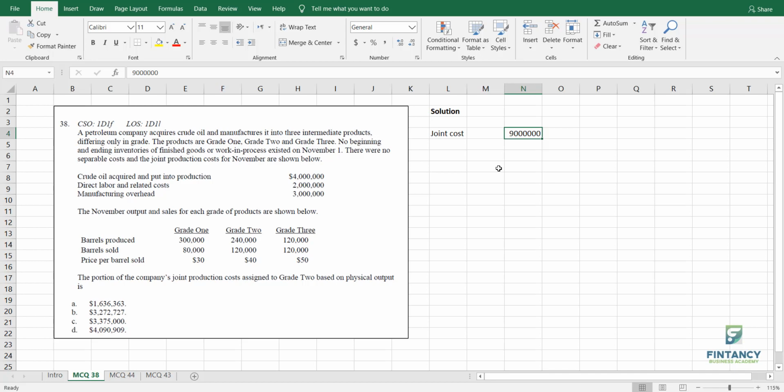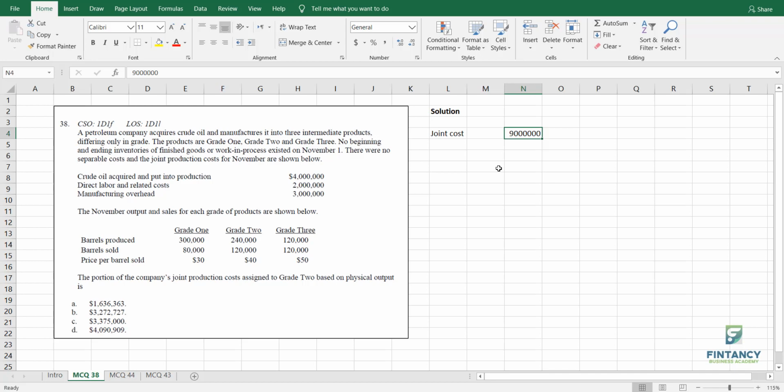Don't confuse yourself, because you can argue that production is 300 and sales are 80, so there is closing inventory. Yes, but closing at November 30, not November 1. They are talking about the start of the month. There is no opening stock.